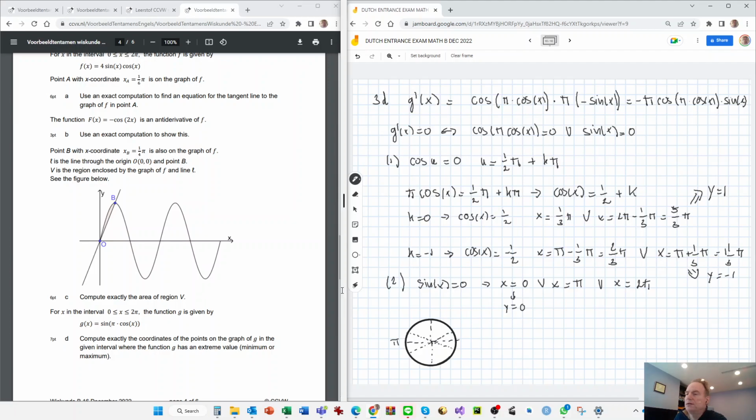So you get the sine of minus pi, which is also 0. And when x is 2 pi, you get a cosine of 2 pi, which is 1. So again you get the sine of pi, which is 0.